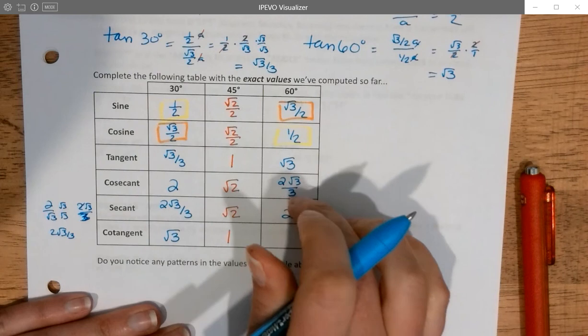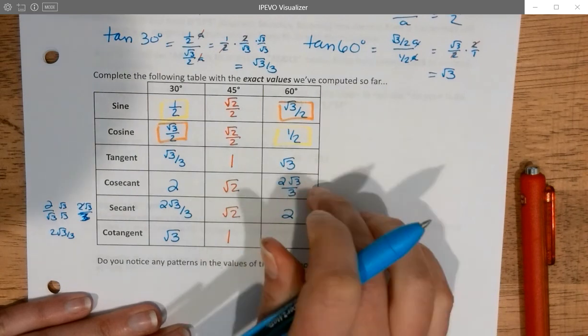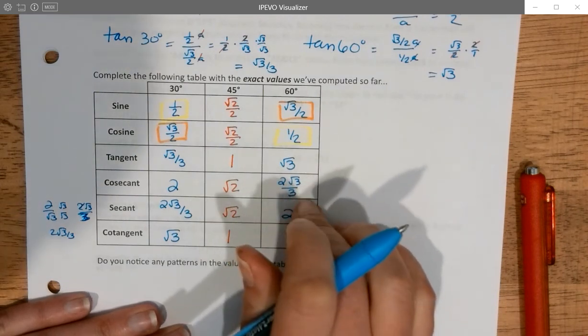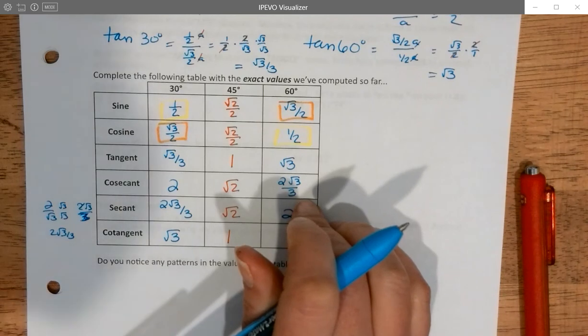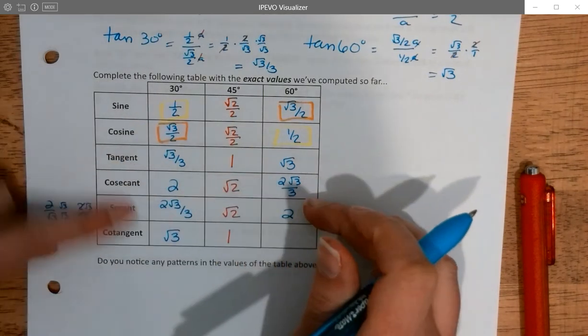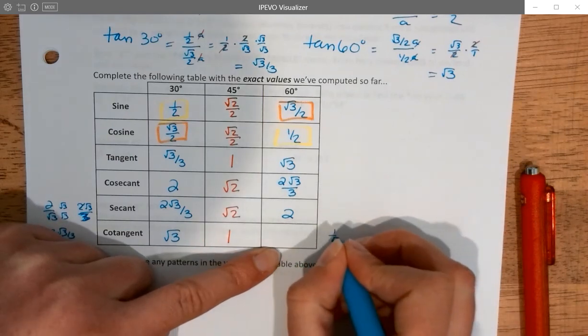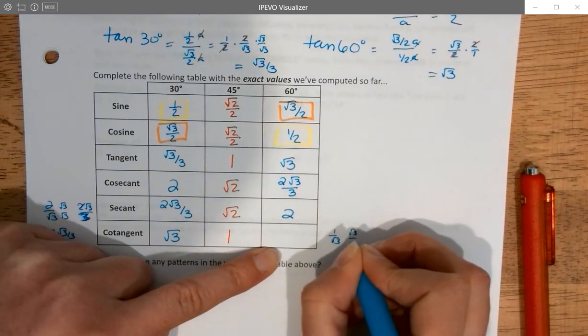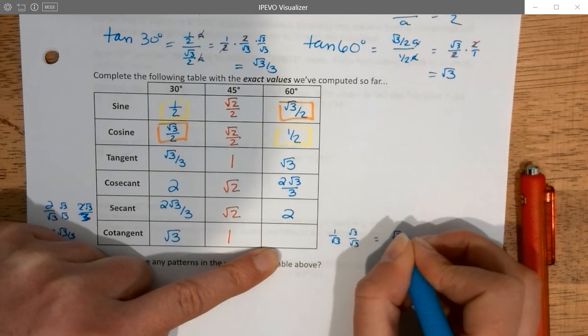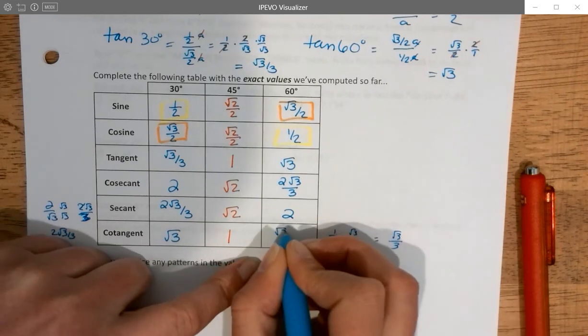I'm sorry, I'm looking at cotangent. 1 over the square root of 3 simplifies back to square root of 3 over 3. There we go. Square root of 3 over 3.